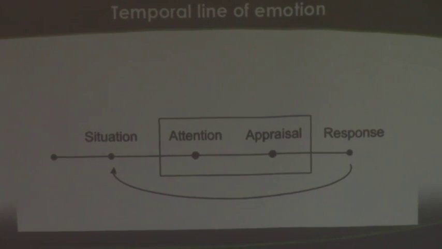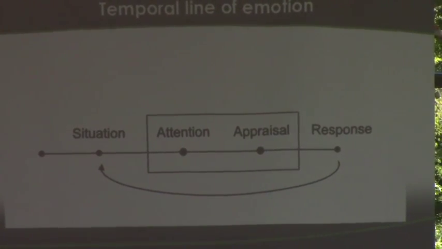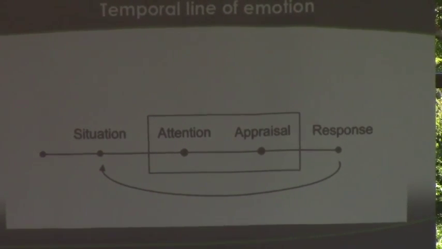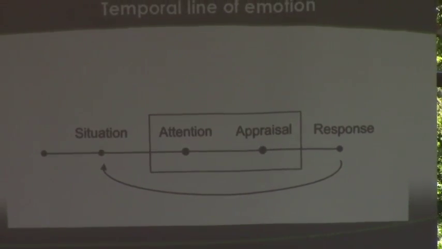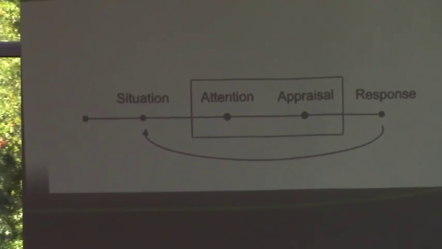And I want to really take another style of presented the temporal line of emotion. We have the situation, and after the attention, appraisal, and response. It's really a shortcut, but we need to shortcut for understand.